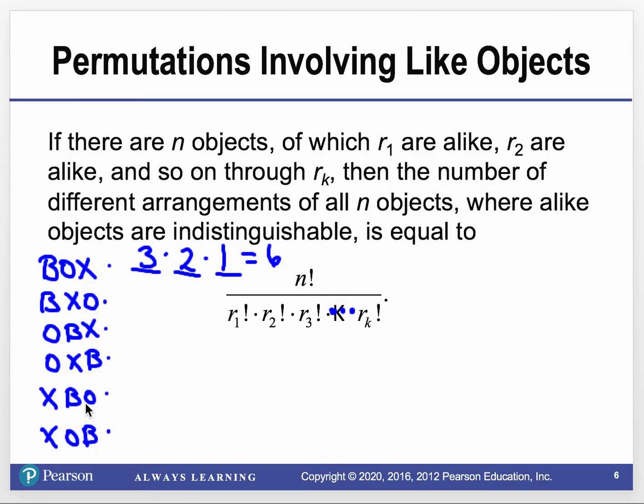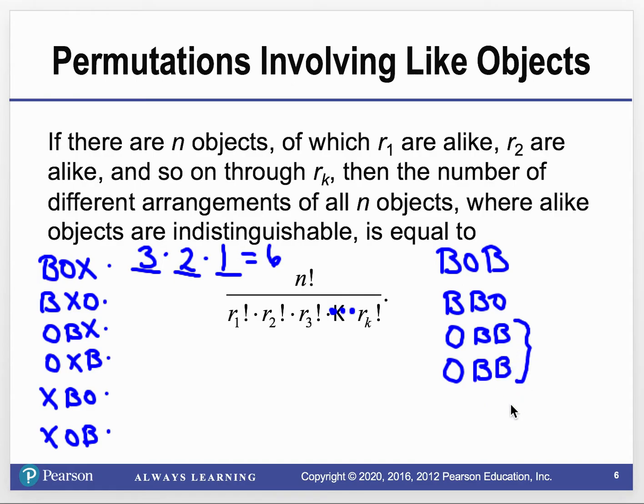And here's the 6. But suppose my word instead of box was Bob. So I could trade places with that B and O, so there's 2. But now if I put the O first, right, and then the first B and the last B, and then I trade places with these, so that's the last B and the first B. These aren't really different arrangements, right?